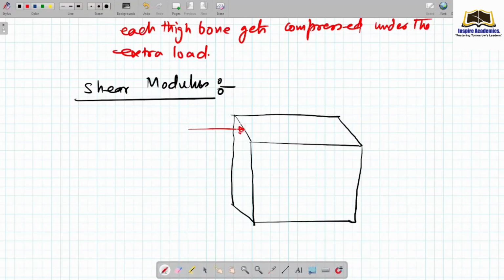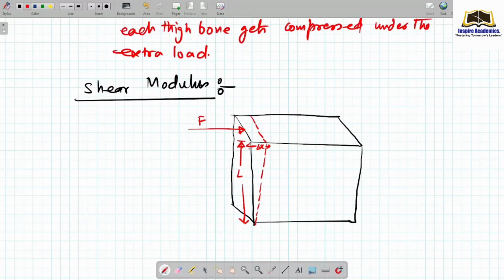We call it tangential force F, and as a result there is some kind of this deviation. Let us say this deviation is delta x. Okay, and this is your length L.